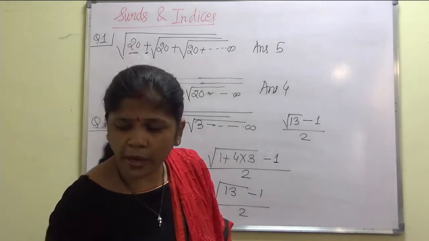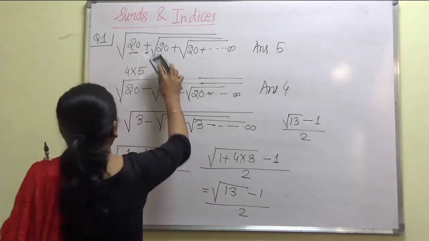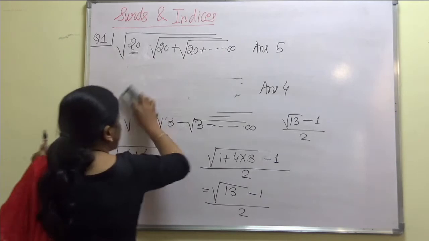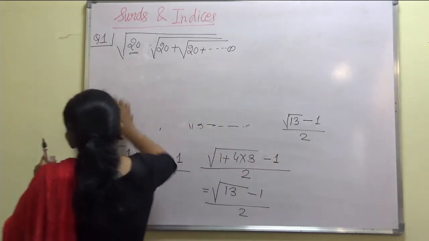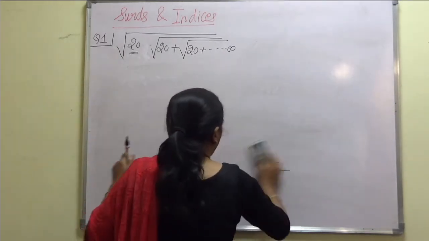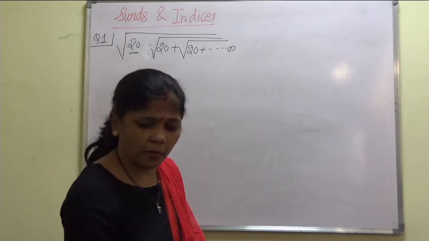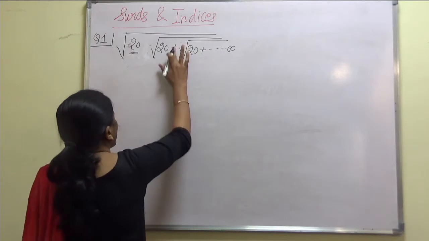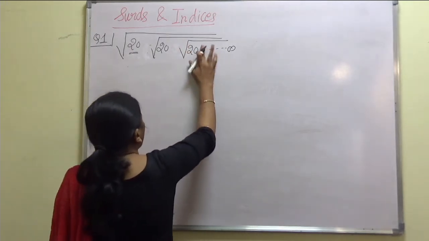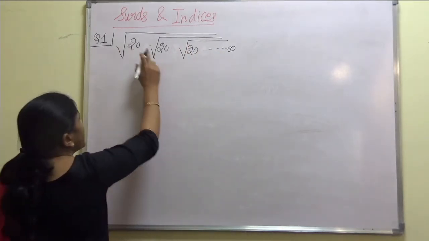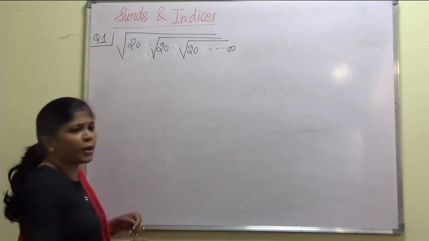Now the next possibility will also be there. So here we have considered two cases. Now what will be the next type of case? The next type of case is that we have here under root of 20 into under root of 20 up to infinity.